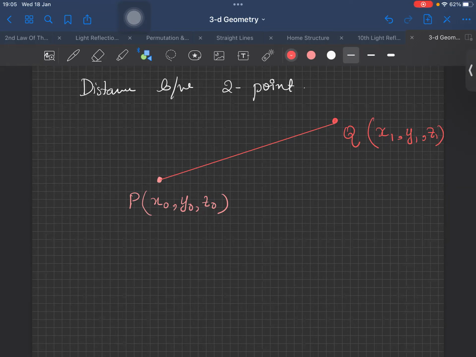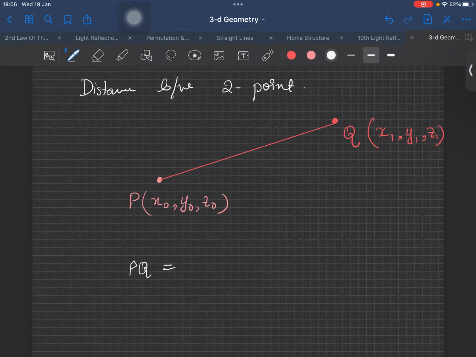It is the same triangular method, the Pythagoras theorem, that we will be using. Let me first write down the formula. I know everyone wants the proof first, but let's try a different method.